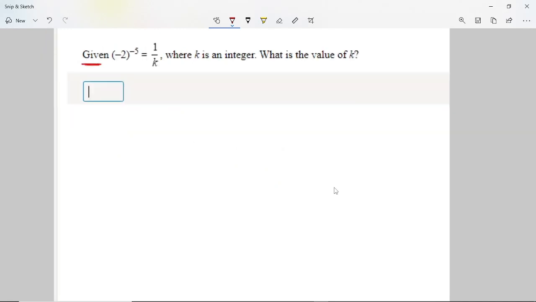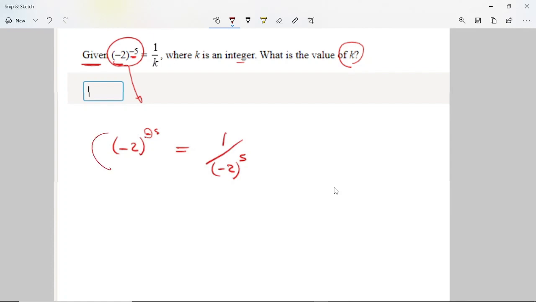Given negative 2 to the power of negative 5 equal to 1 over k, where k is an integer, what is the value of k? So we'll take this number, negative 2 to the power of negative 5. This will be equal to 1 over negative 2 to the power of 5. We change the sign of the power because we flip the number to the denominator.